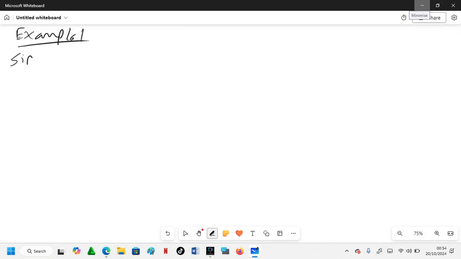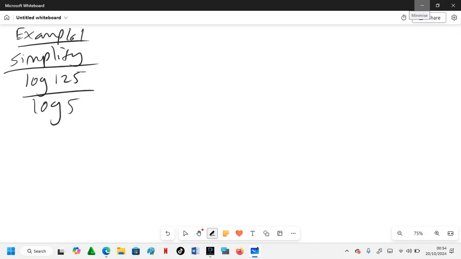Simplify the following: log 125 over log 5. Before we go to that, there's a principle that I would like us to know, that if you have a log to a base and you're looking for the log of a, and the base is the same, the answer is always 1.